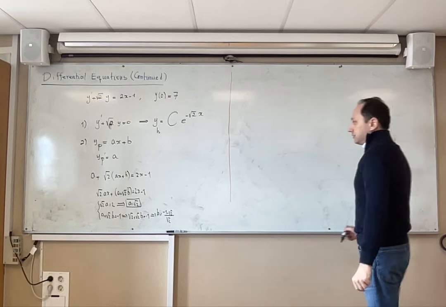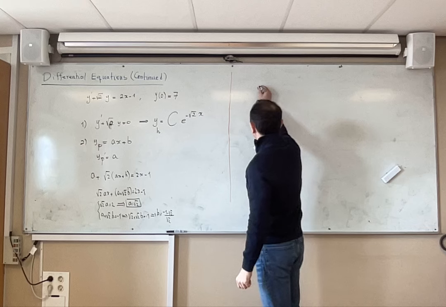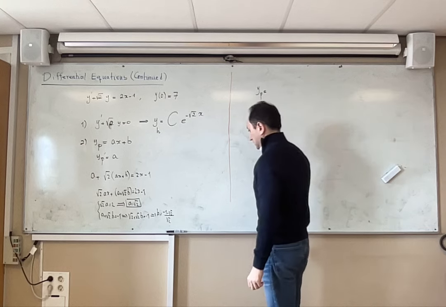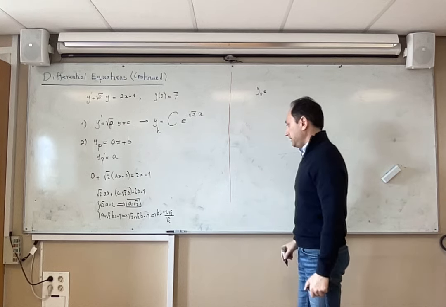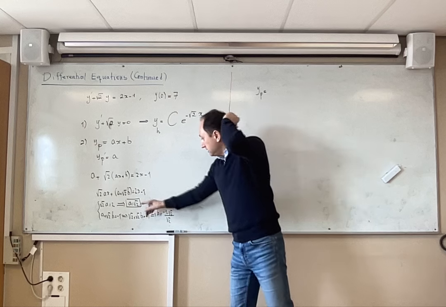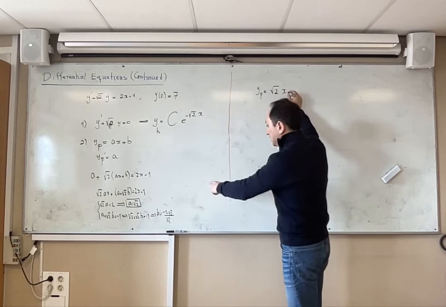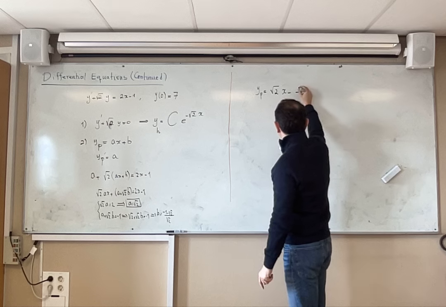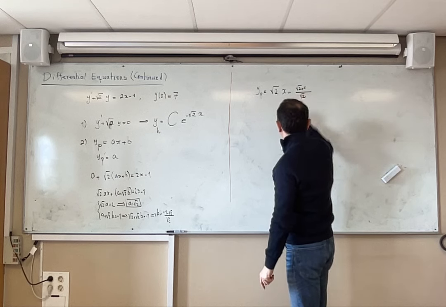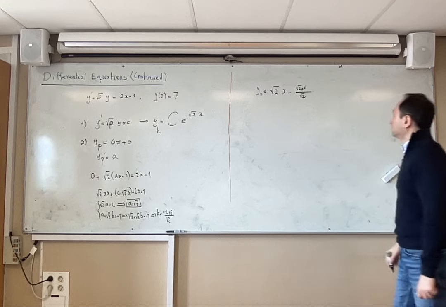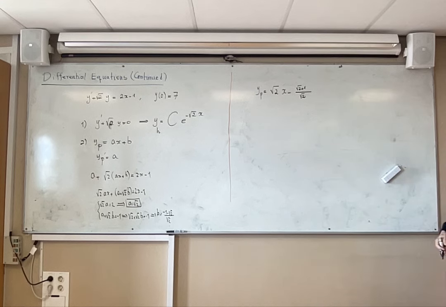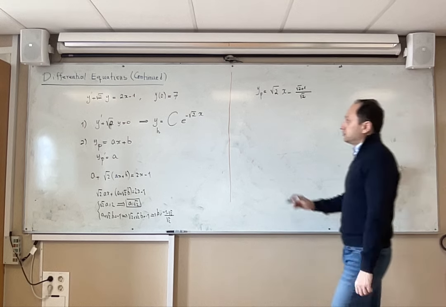Okay, so yp at the end is what? yp is a times x plus b. b, if you don't mind, let me take a minus sign out. This is your yp.